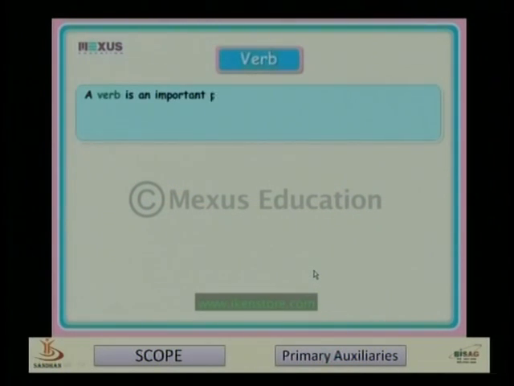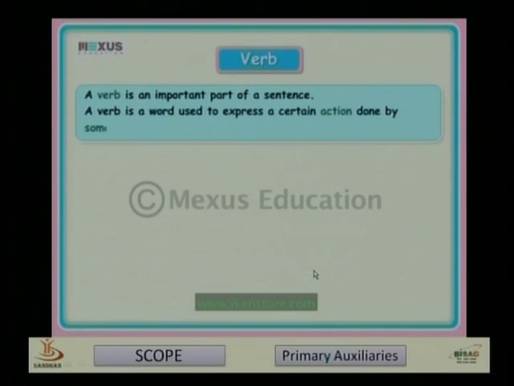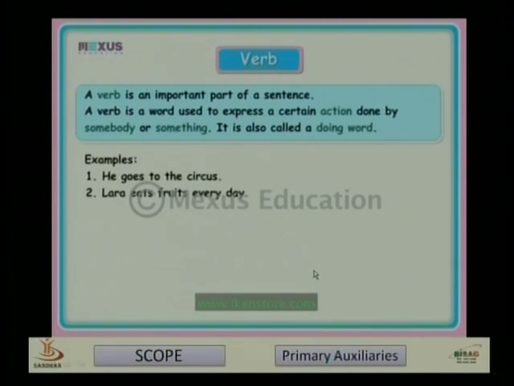A verb is an important part of a sentence. A verb is a word used to express a certain action done by somebody or something. It is also called a doing word. In the following examples, the verbs goes and eats refer to action or doing words.